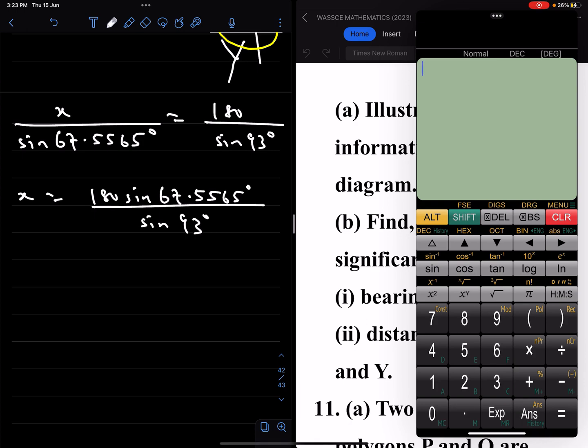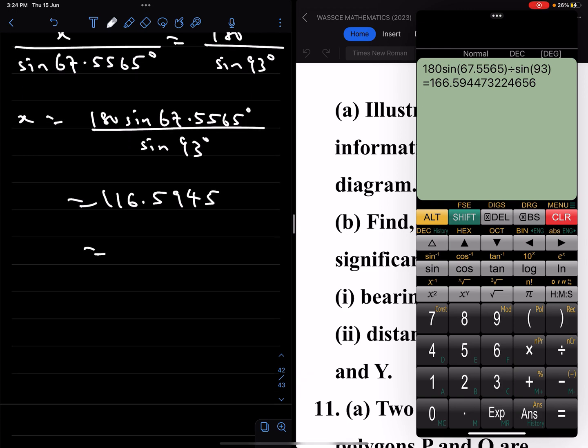And what do we have when we do that? 180 sine 67.5565 divided by sine 93 degrees, and that's 116.5945, which to 3 significant figures is 117 meters.